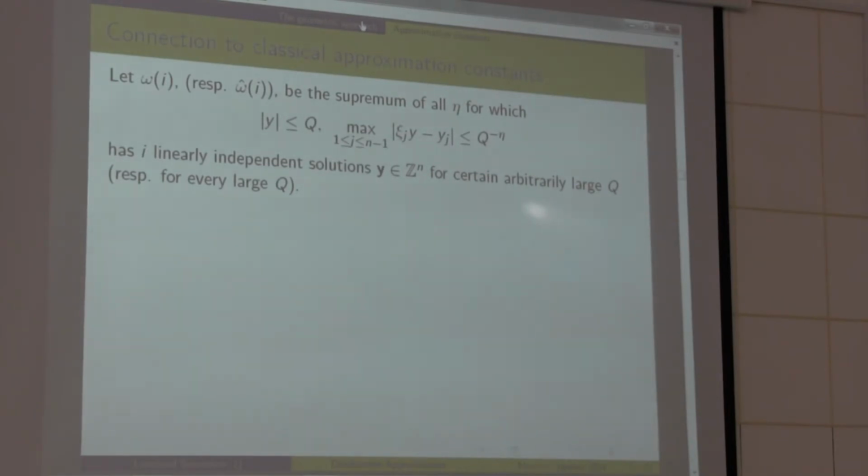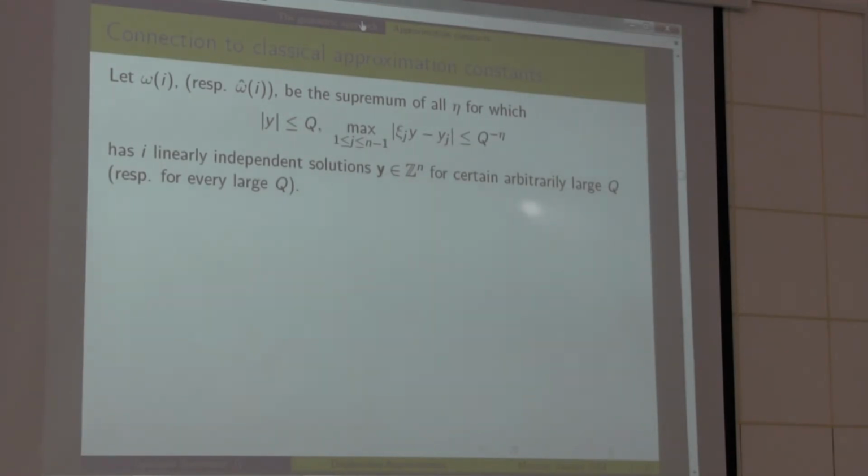Omega of I was defined to be the supremum of omega such that the system, which is quite similar to the system we had in Dirichlet's theorem, except that we replace the negative 1 divided by n minus 1 by minus eta now, and look for the supremum of omega such that this has linearly independent solutions for certain arbitrarily large q. Now, if we ask for this to have a solution for every sufficiently large q, then it's the omega hat, which is defined by this.